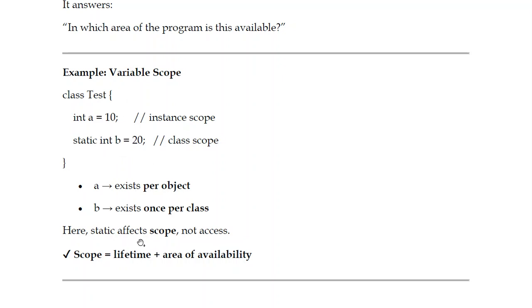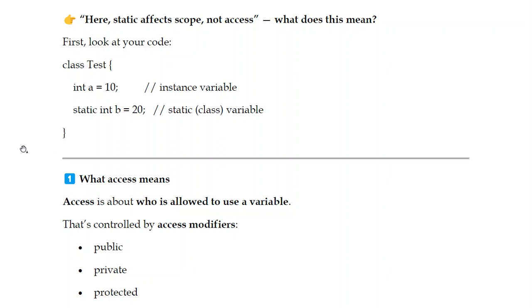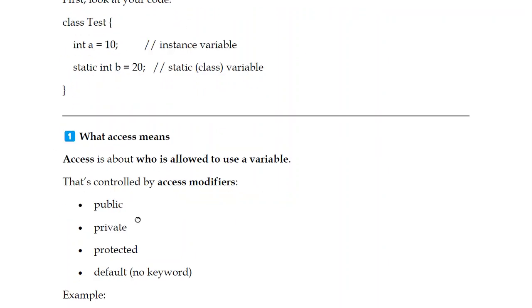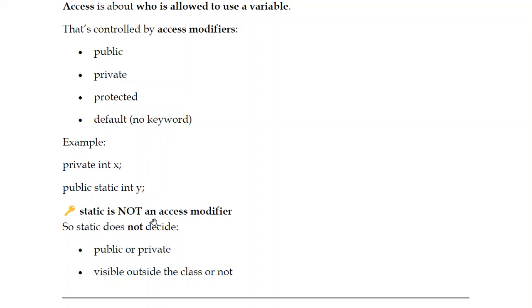Next, what I'm telling is that static affects scope, not access. I will tell you in a detailed manner. What does this mean? What does access mean? Usually access comes under the access modifiers, am I right? Who is allowed to use a variable or method comes under the four categories: public, private, protected, default.